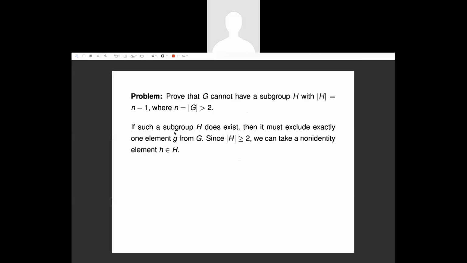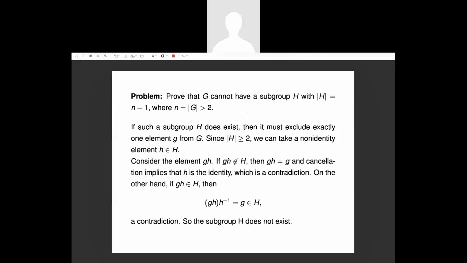If such a subgroup H does exist, then it must exclude exactly one element g from G. Since the order of H is greater than or equal to 2, we can take a non-identity element h belonging to H. Now consider the element gh. If gh does not belong to H, then gh is equal to g, and by cancellation this implies h is the identity, which is a contradiction, because h should not be the identity element.